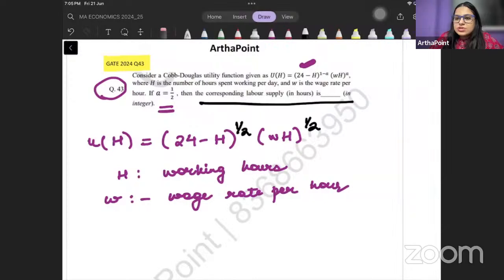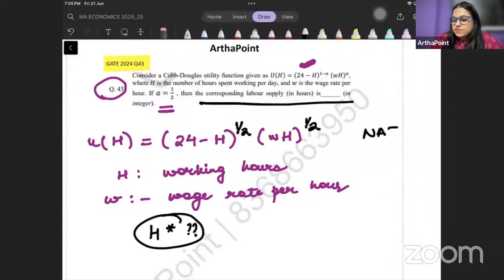Then, corresponding labor supply in hours. That means you need to tell the value of H star. This is a NAT question, so no options were available. You need to give me a number for this answer.